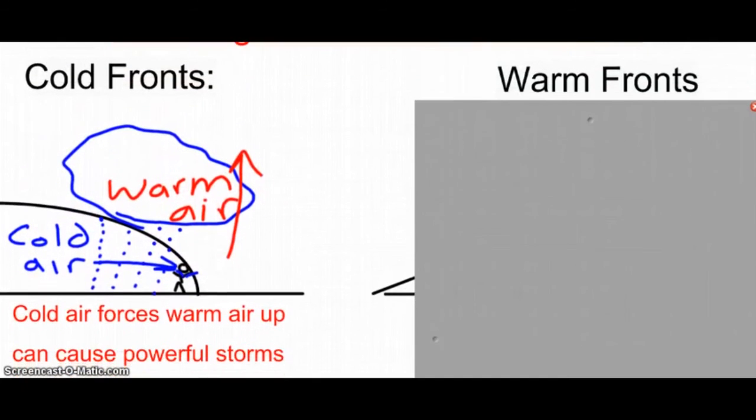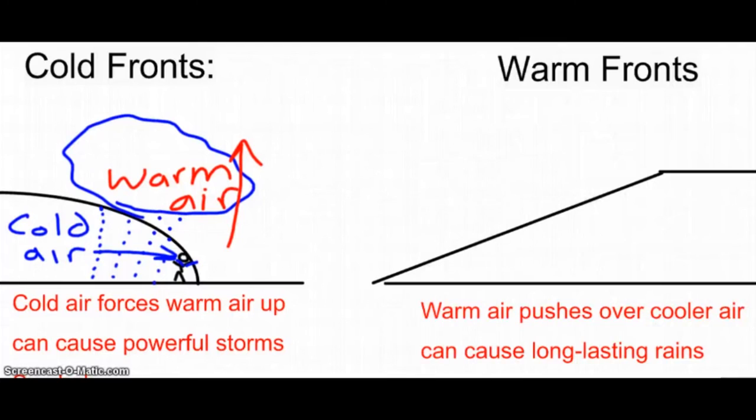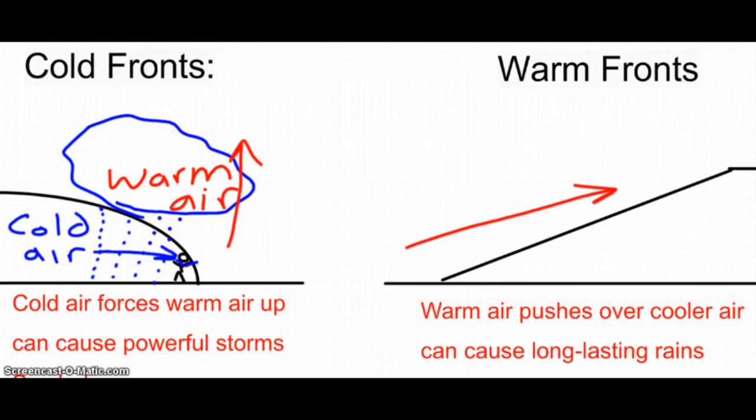Now warm fronts are different. Warm fronts end up having warm air getting pushed upward like this, and overall, the front moves this way. But just like before, as this warm air gets pushed up, it can still make clouds.